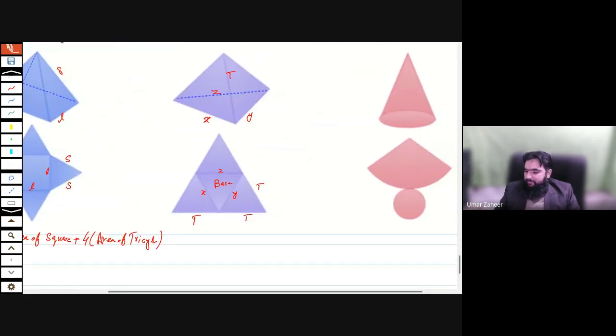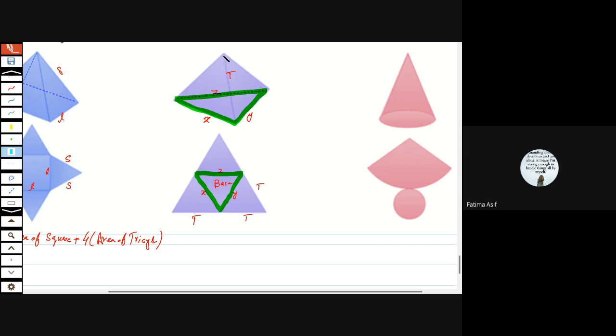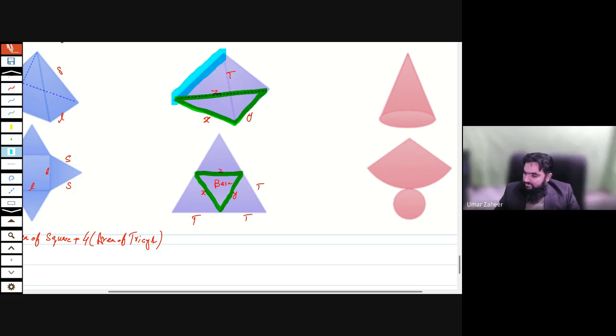In this one, the base is basically a triangle, and that triangle is going to be here. And let's say this is your left side, and the left side is going to be here. Obviously, the lengths are going to be given.